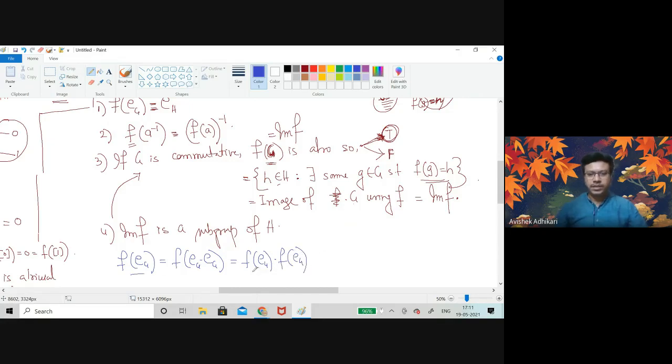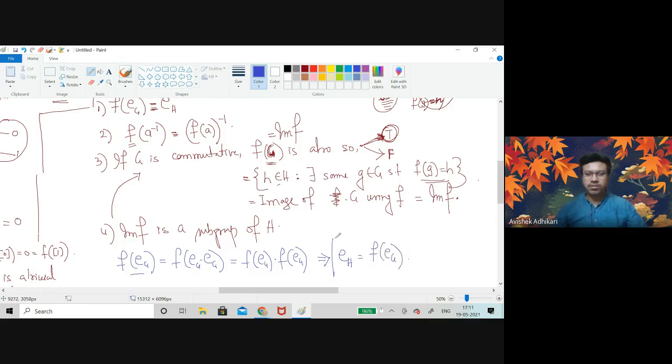So f of e_G equals f of e_G dot f of e_G. By the cancellation law, or since this is a group, the inverse of every element exists. So if I multiply both sides by f of e_G whole inverse, what will you get on the left side? e_H, equal to f of e_G.